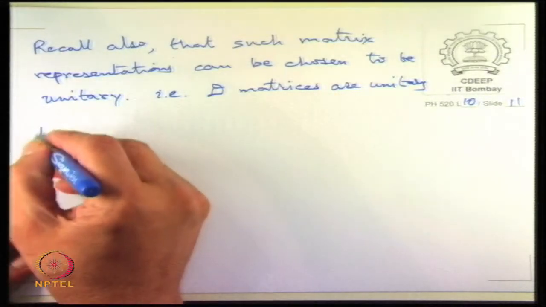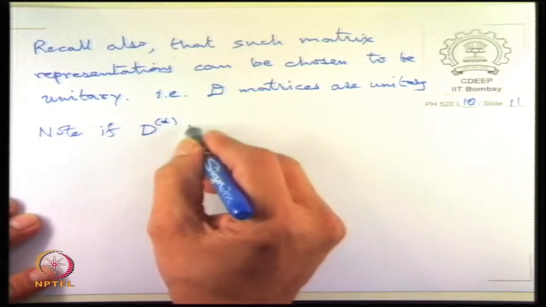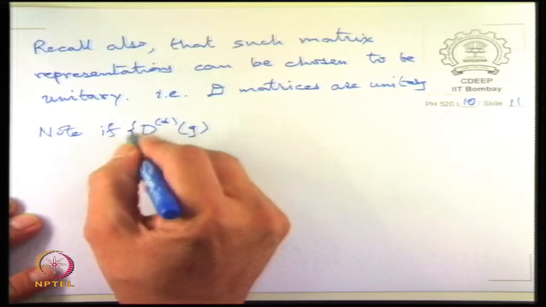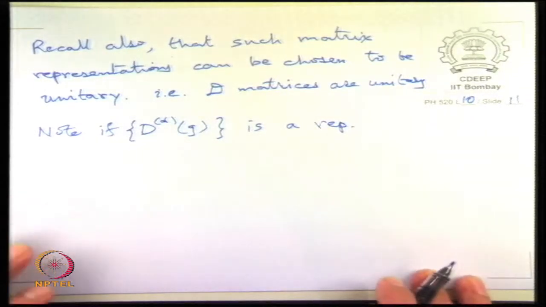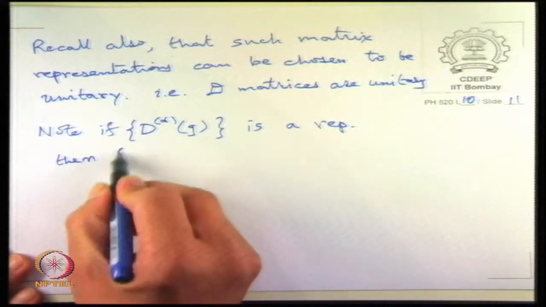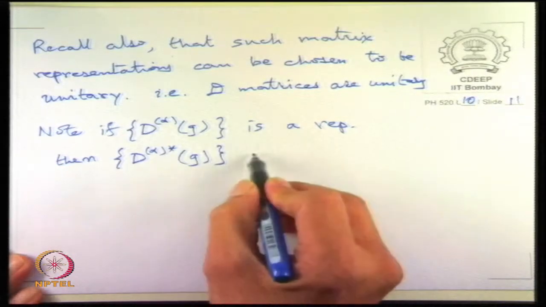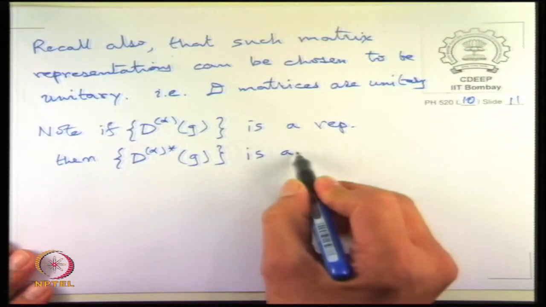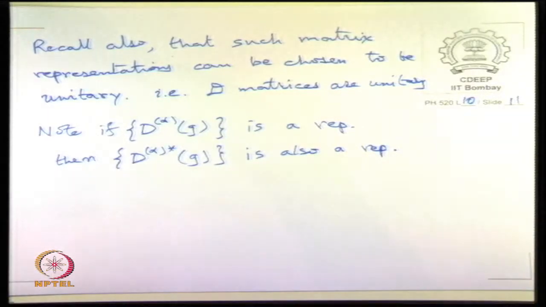So note that if D alpha of G is a rep, it can be reducible also, that doesn't matter, then the matrix D alpha star of G is also a representation, and it may not be transformable into D under a similarity transformation.